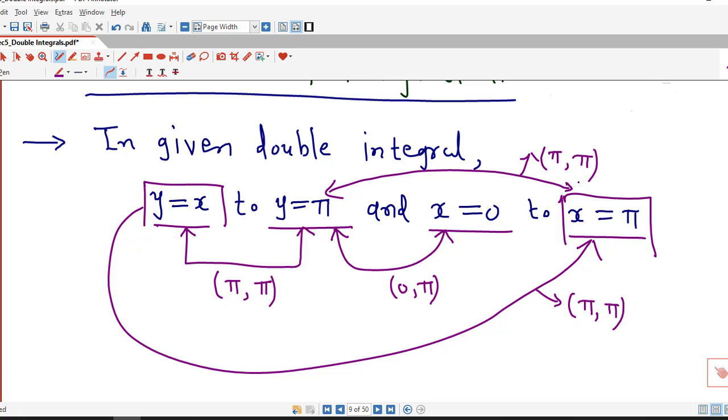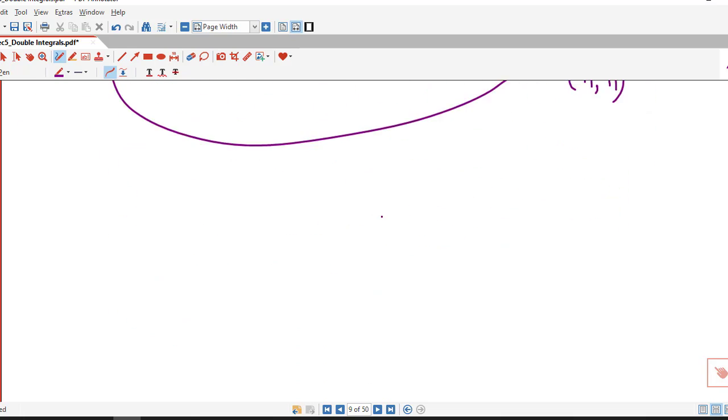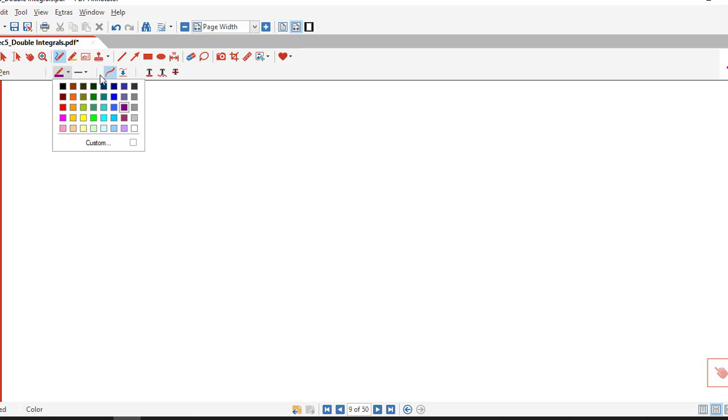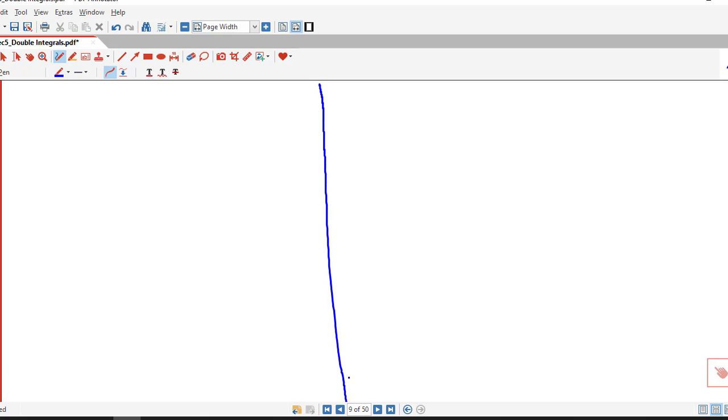So here we have simple curves, all four curves are lines, so there is no problem in the sketch of the region of integration. First we consider the region of integration and then we decide how to change the order of integration.